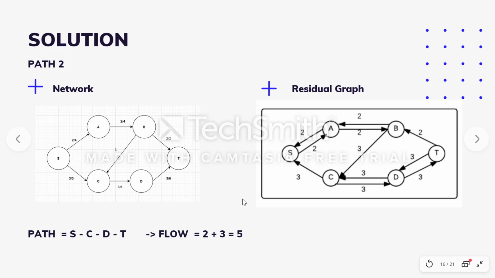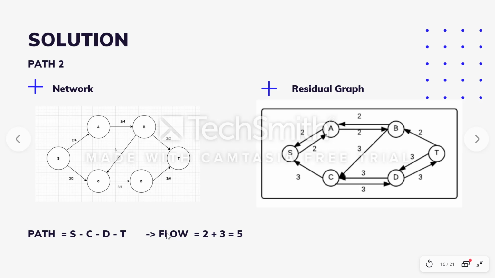As you can see here, the T edge is divided into two branches, 3 and 3, and it also happened in C to D. The S to C edge is changed; it is now C to S, not S to C anymore.